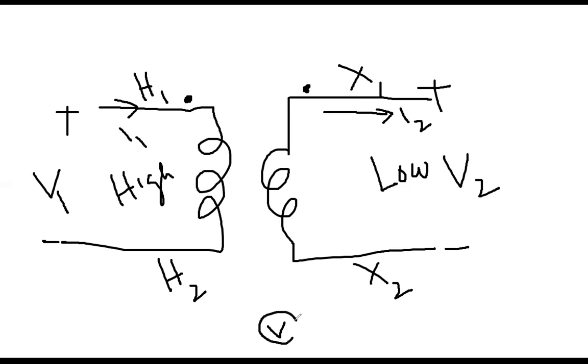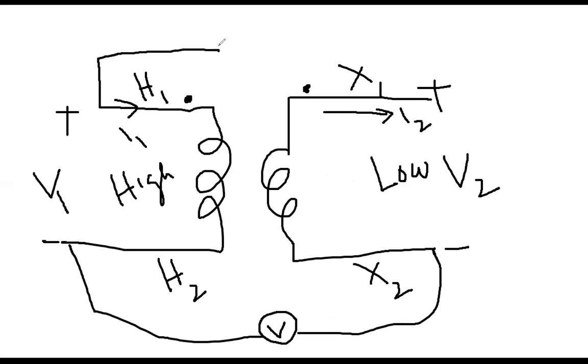For example, you connect the voltmeter between this point and this point. Everybody see what I am doing. You make a short on those two points of the two transformer sides. And then, for example, you apply some high voltage here.